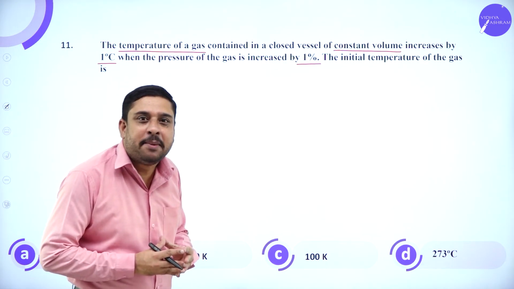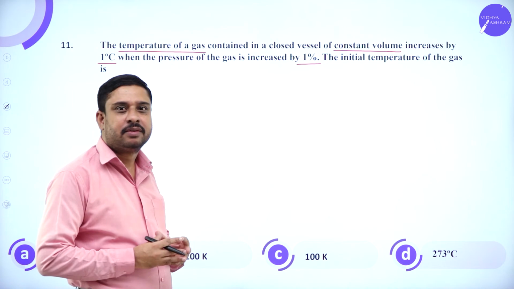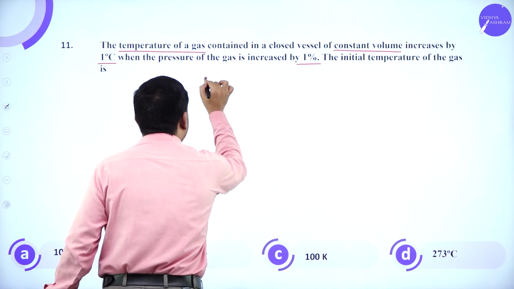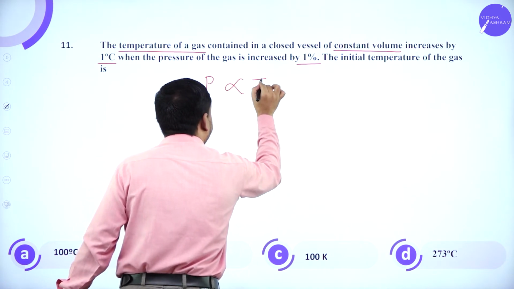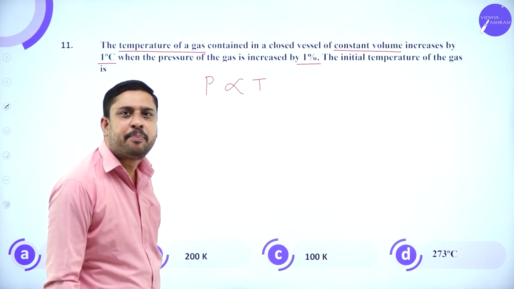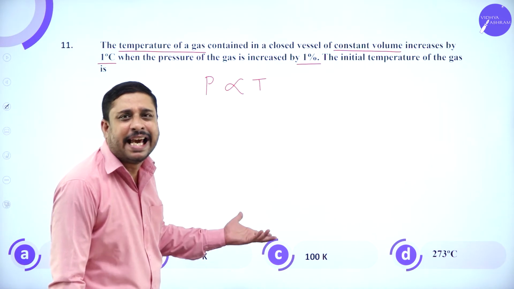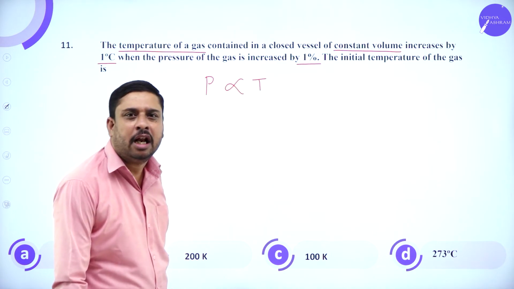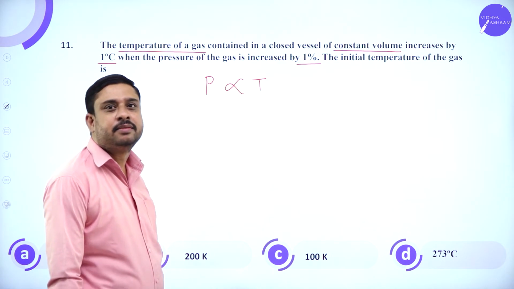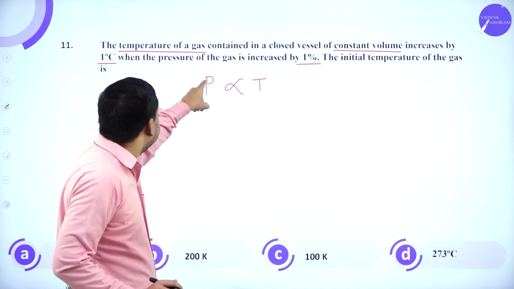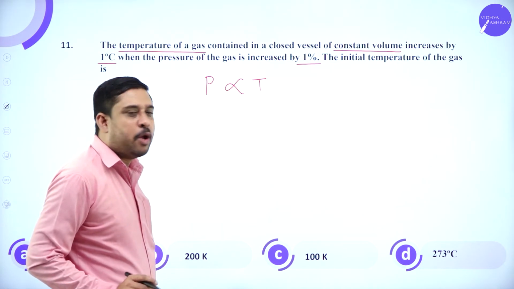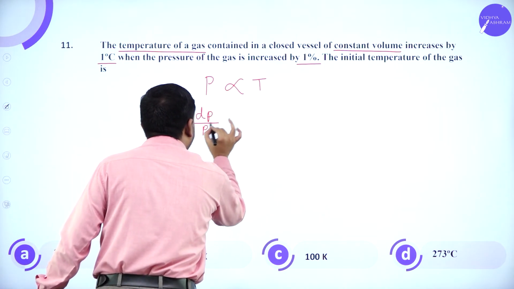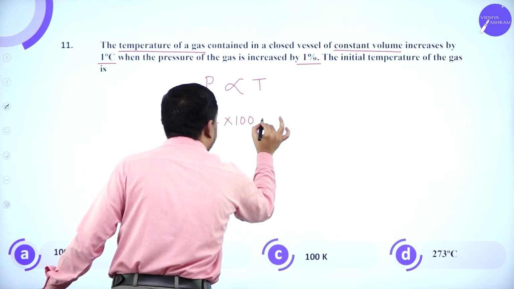When the volume remains constant, we have known that pressure is directly proportional to temperature. The Gay-Lussac law. Now, there is change in pressure by 1%. So, dP by P into 100.